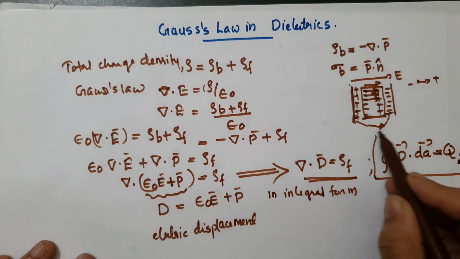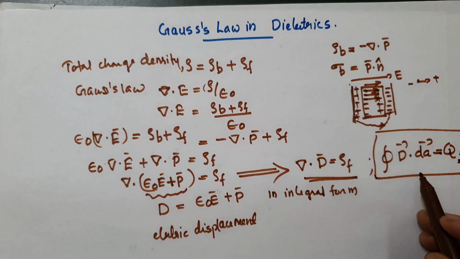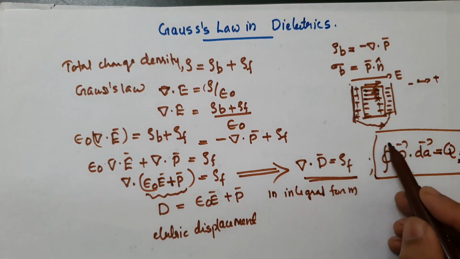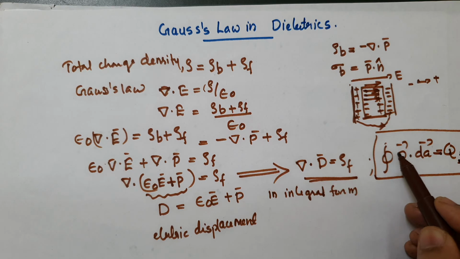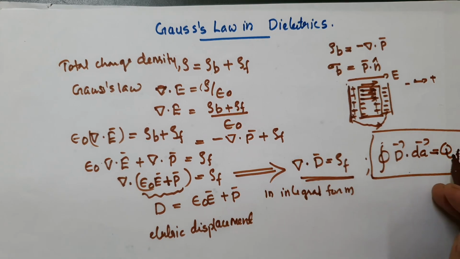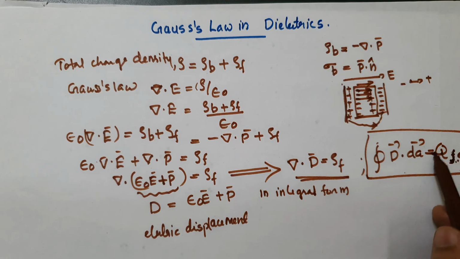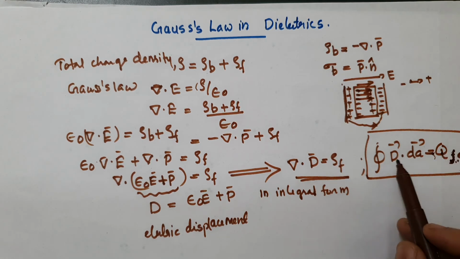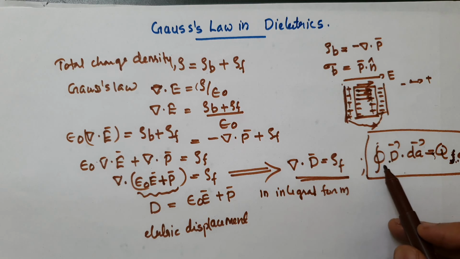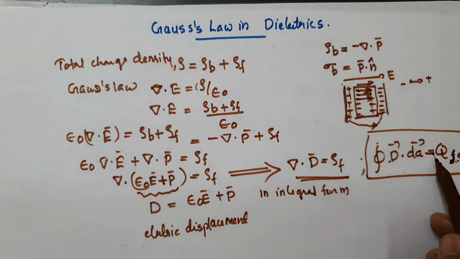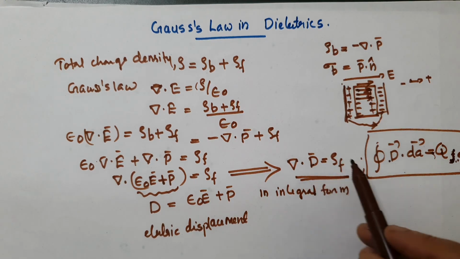Therefore, the Gauss's law in dielectrics states that the total electric displacement through a closed surface around a dielectric is equal to the total free charge enclosed in that surface. This is the Gauss's law in dielectrics.